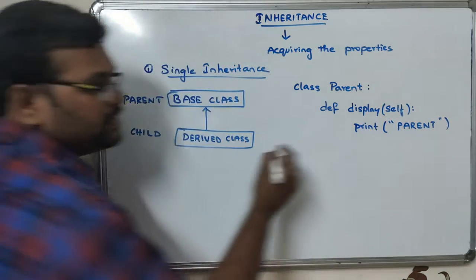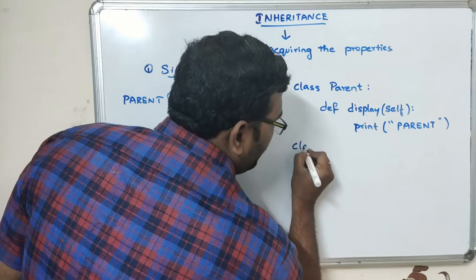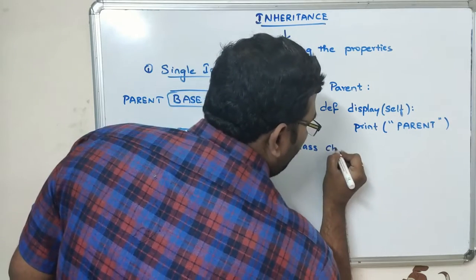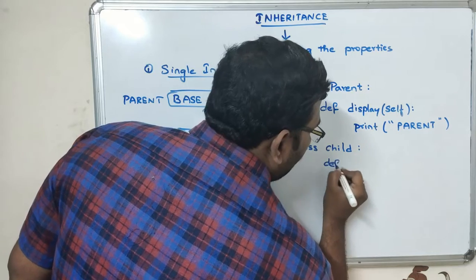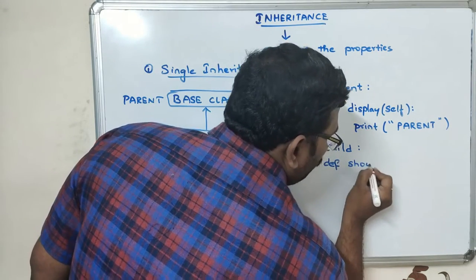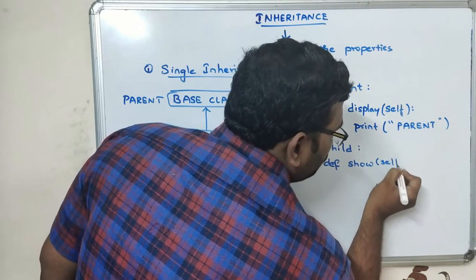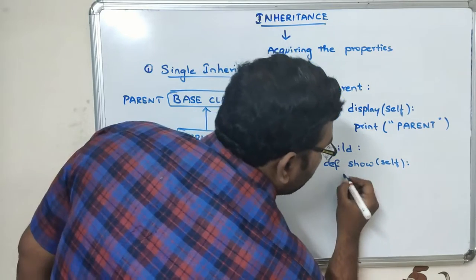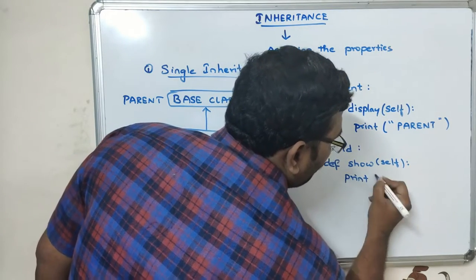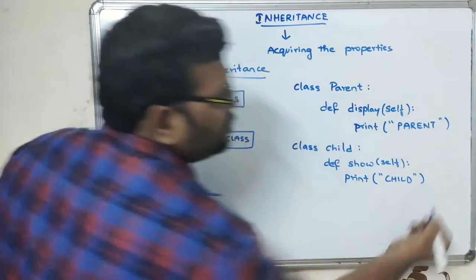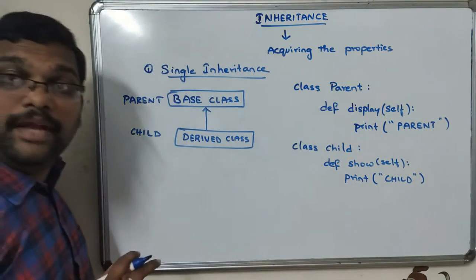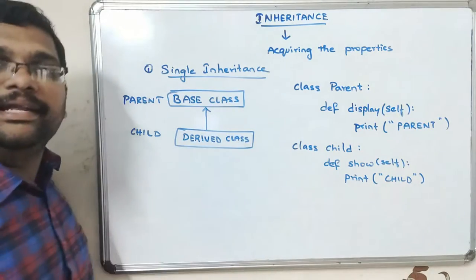Normally, for writing this child class, we write class followed by the class name, colon, def. I am writing the method show with the default self parameter, and print child. This we have to write without inheritance.